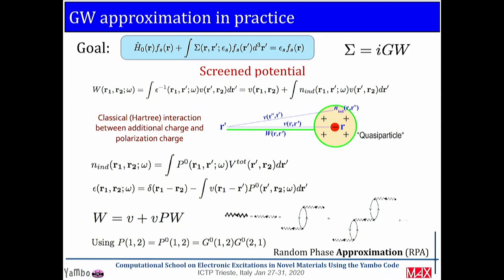And this is an approximation. So here we can see, with this choice of P, the infinite diagrams that are included in the polarization, so the bubble approximation. We have P as P naught, G naught, G naught, and all the bubble diagrams are included.